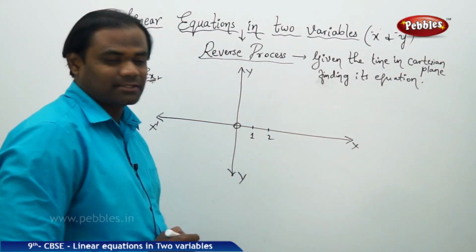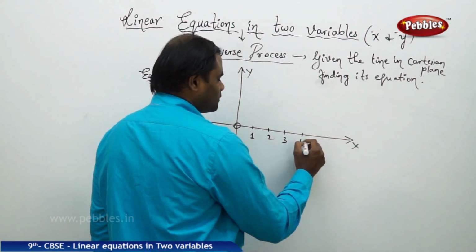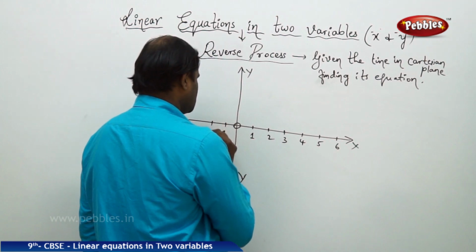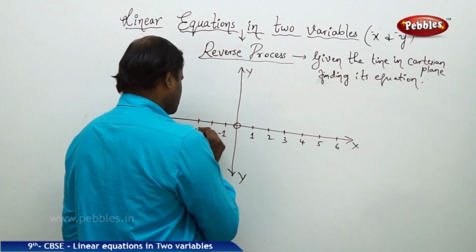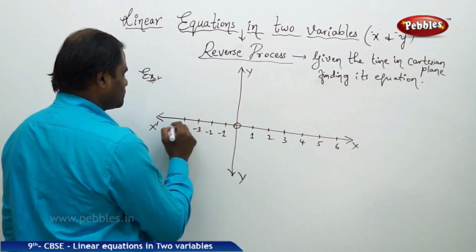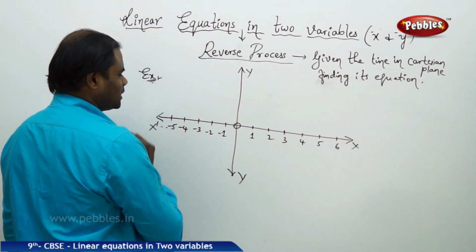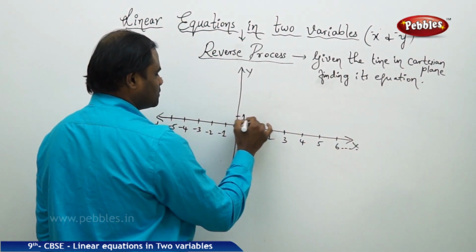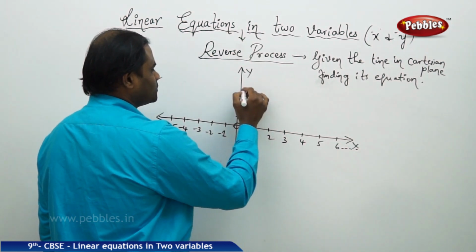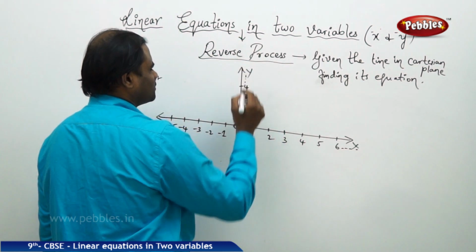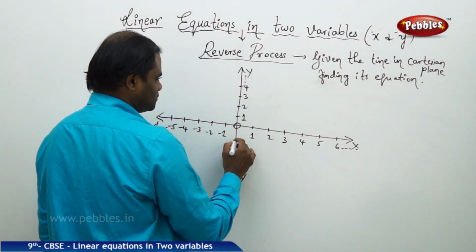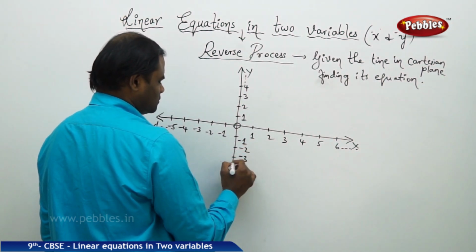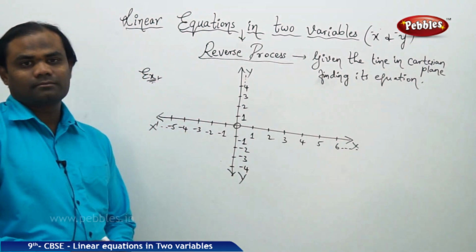Now let me take the scale on x axis, which is 1, 2, 3, 4, 5, 6, -2, -3, and this, and then along y axis, which is 1, 2, 3, and this.